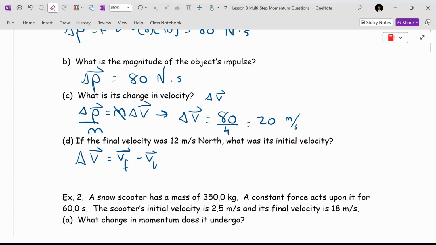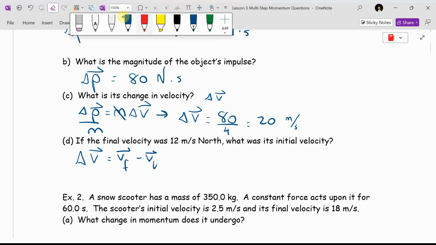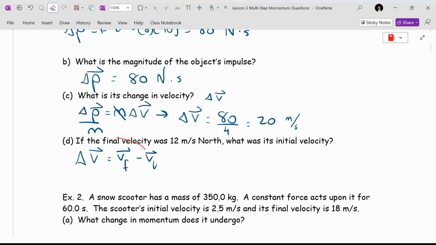Nate, what are they asking me to find? Get the VI by itself. What's right in front of the VI that I don't like? Swappy dance. I'm going to plus this to here, and I'm going to minus this to here.